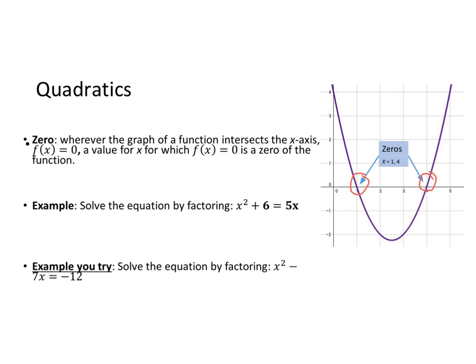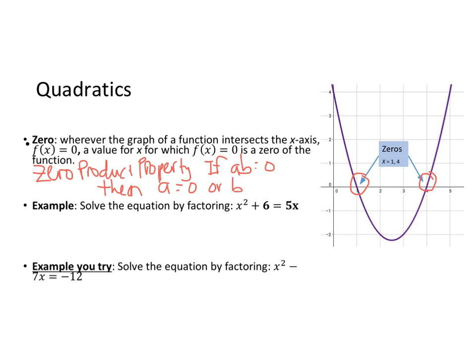zeros. Something else you need to keep in mind is the zero product property. All it states is that if I have two numbers multiplied together, then A equals 0 or B equals 0.